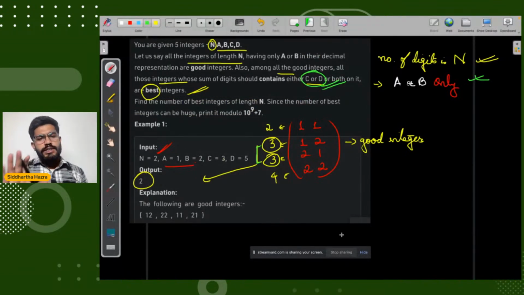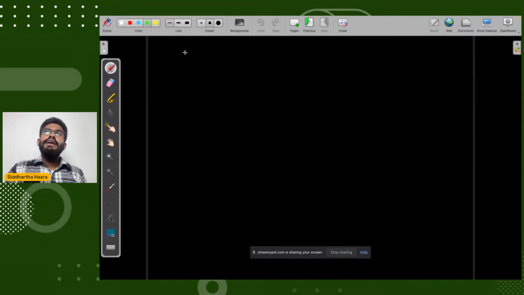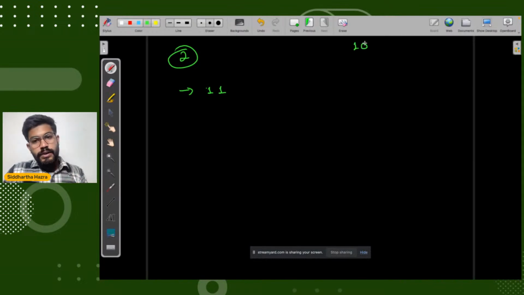Now the very first approach you can think of is that I would take n digits. If I am given that I want all the numbers with 2 digits, that would range from 1 1. Why 1 1, not 1 0?